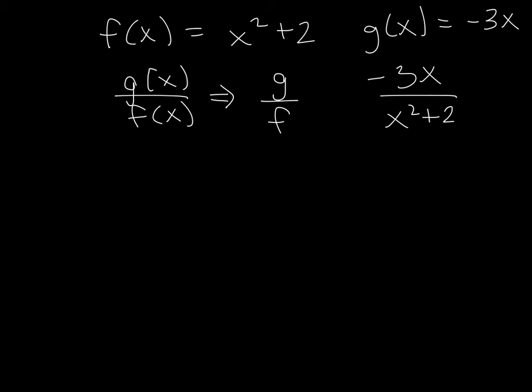And then I'm going to find the domain. I can't simplify this any further. There's nothing I can factor on the top or on the bottom. To find the domain, you set the denominator equal to 0 because you don't want to divide by 0. So the domain is: the denominator cannot be 0.